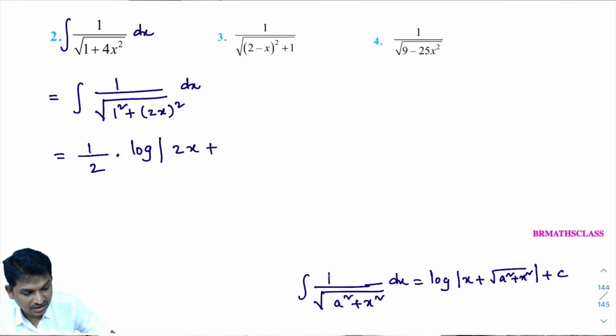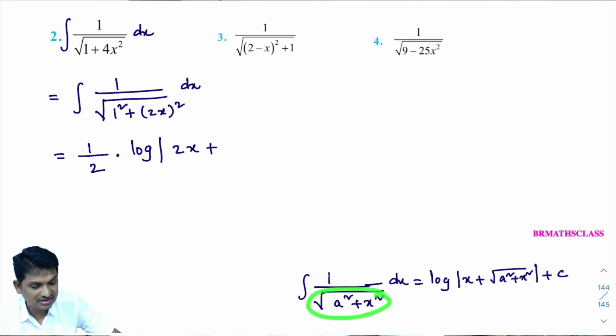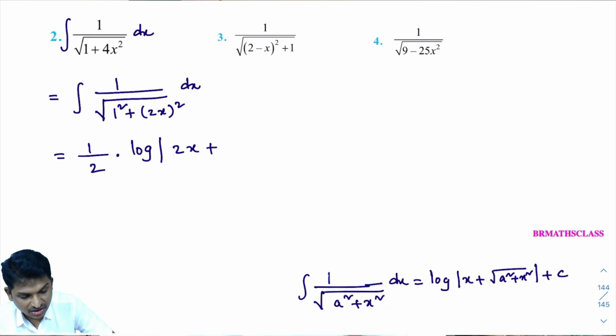Then plus root over a square plus x square, which is what is in the question: root over 1 plus 4x square. Write it: 1 plus 4x square, plus c.